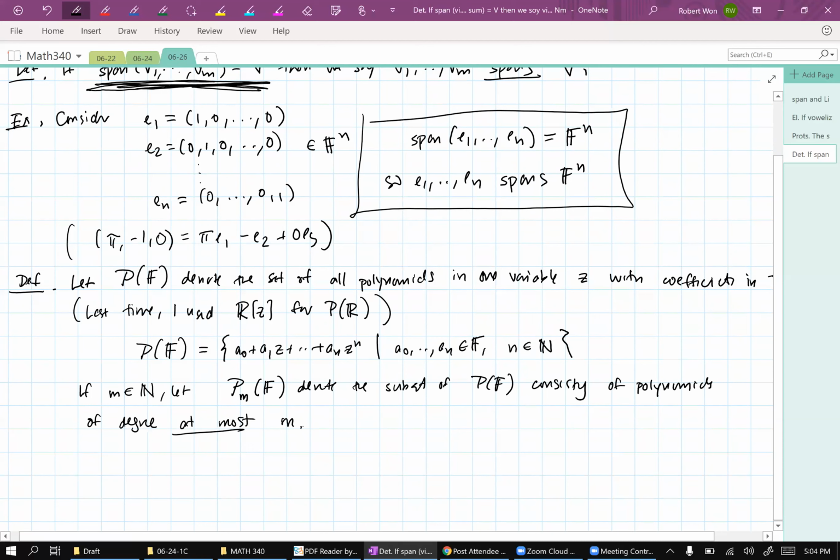So P3(F) contains all the cubic, quadratic, linear, and constant polynomials, but not z to the 4th.